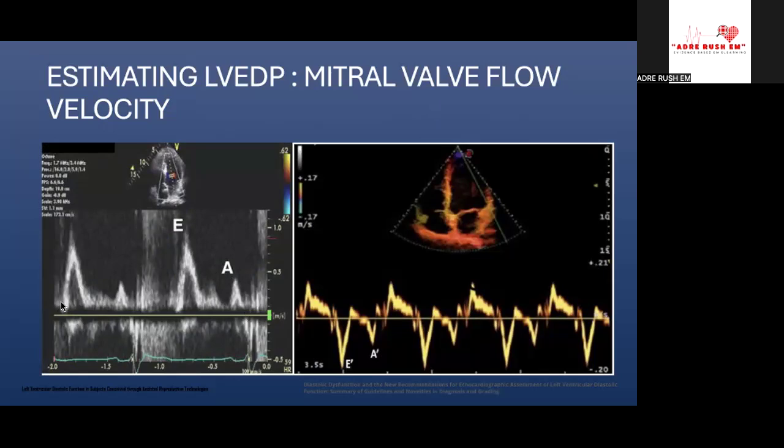E wave is the early diastole filling. A wave is the late diastole filling. When you put the tissue Doppler, you can use either the medial or the lateral side of the annular attachment of your mitral valve. You get the positive wave as E prime. So the ratios you can measure are E by A and E by E prime, where you will get to know if there is any diastolic dysfunction.